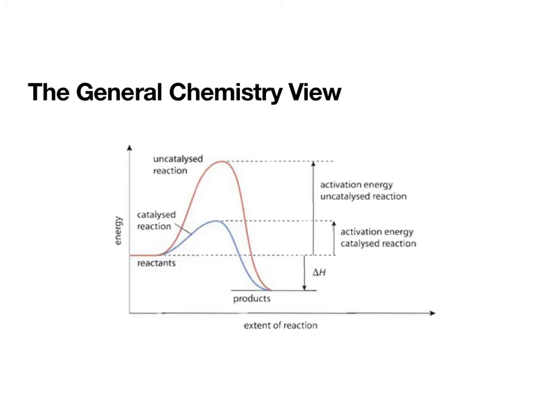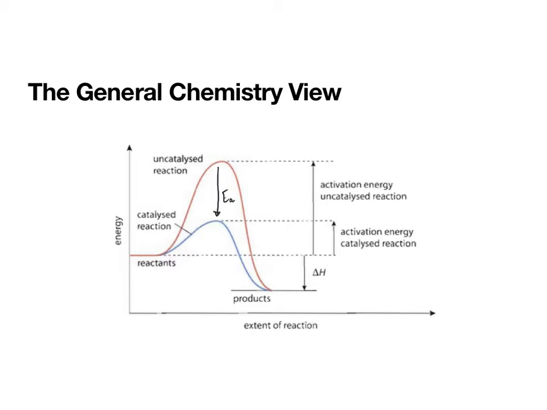Okay, so this is sort of the view that we give in general chemistry. We say that when we add a catalyst, we lower the activation energy of the reaction.